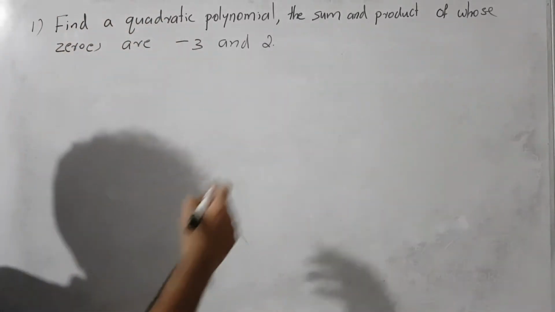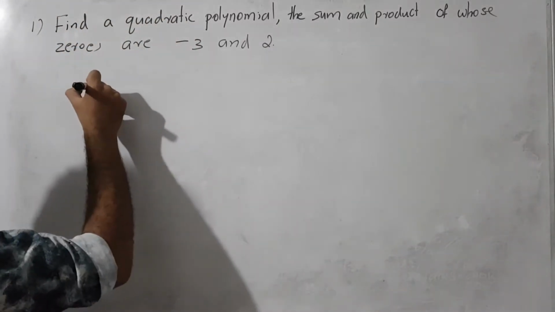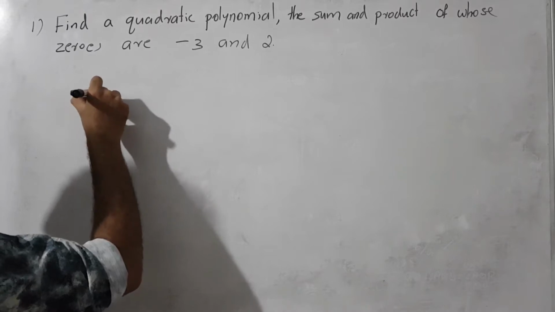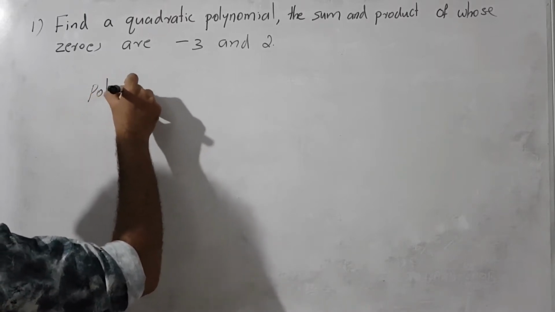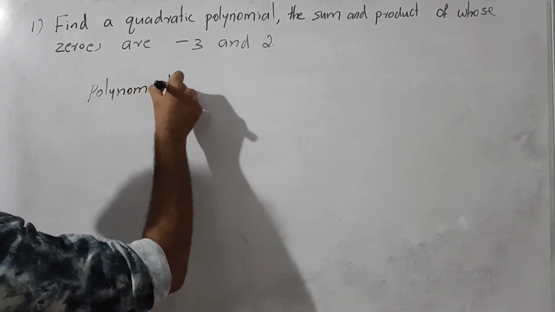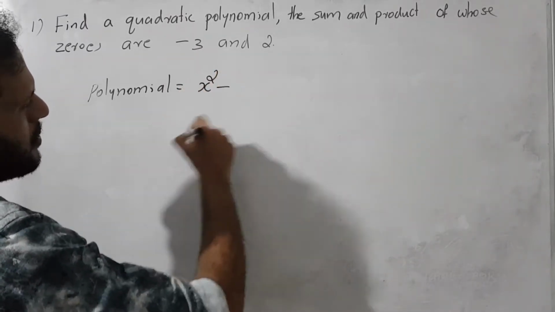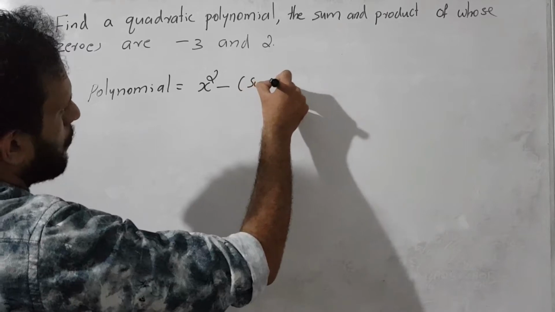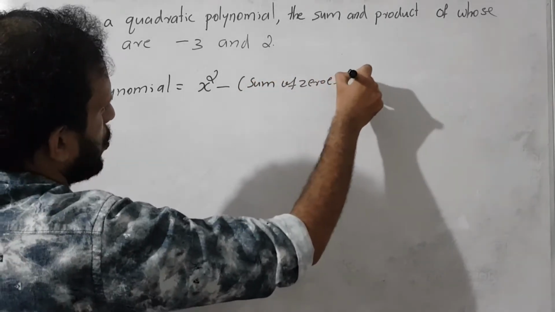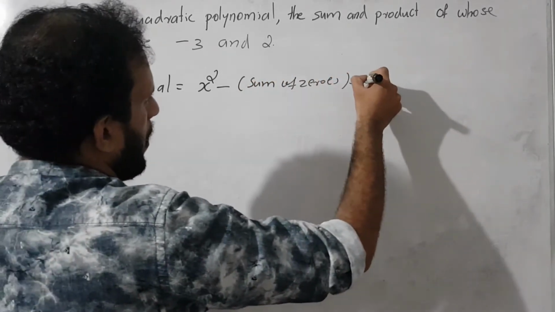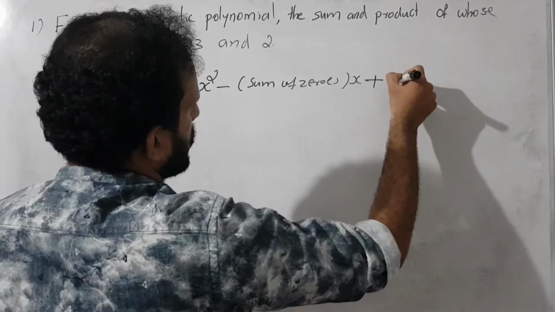What is that? The equation is like this: the required polynomial is equal to x square minus sum of zeros into x plus product of zeros.